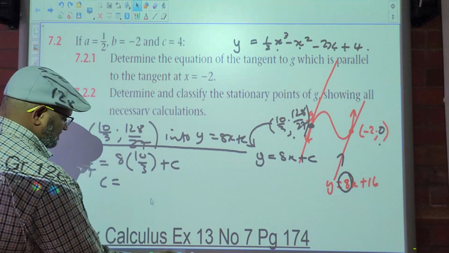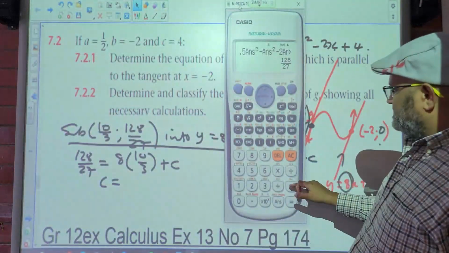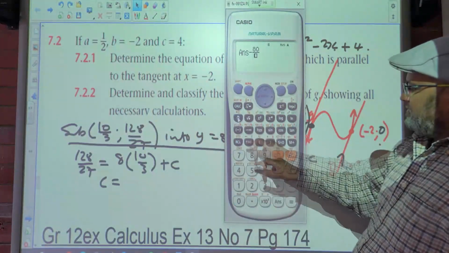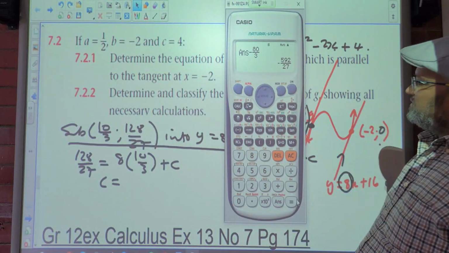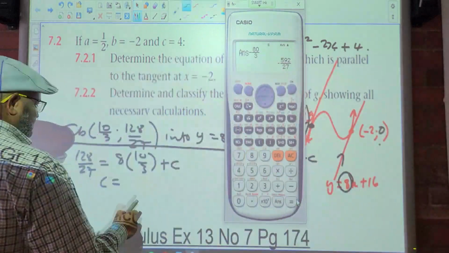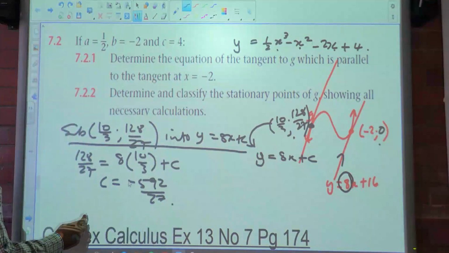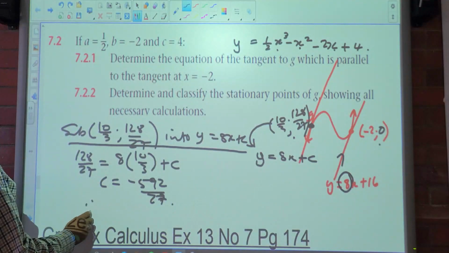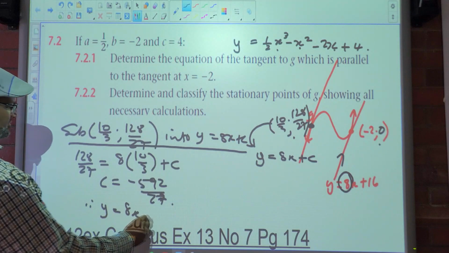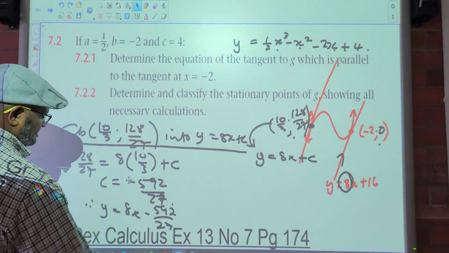So c should work out to be minus 80 over 3, that answer there, negative 592 over 27. That's my equation. Therefore, y is equal to 8x minus 592 over 27.